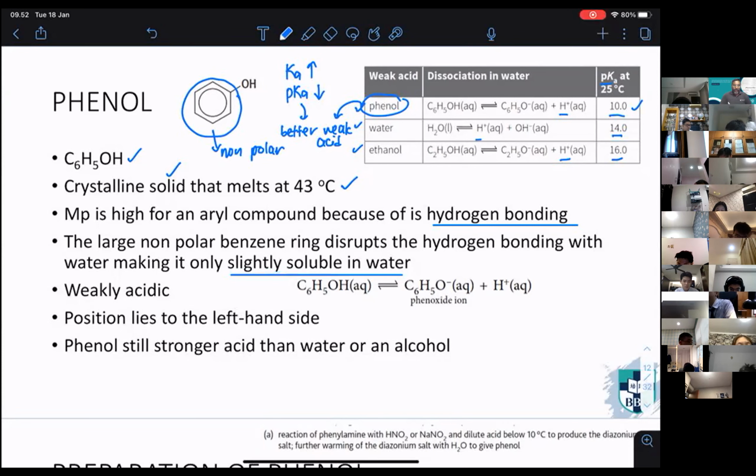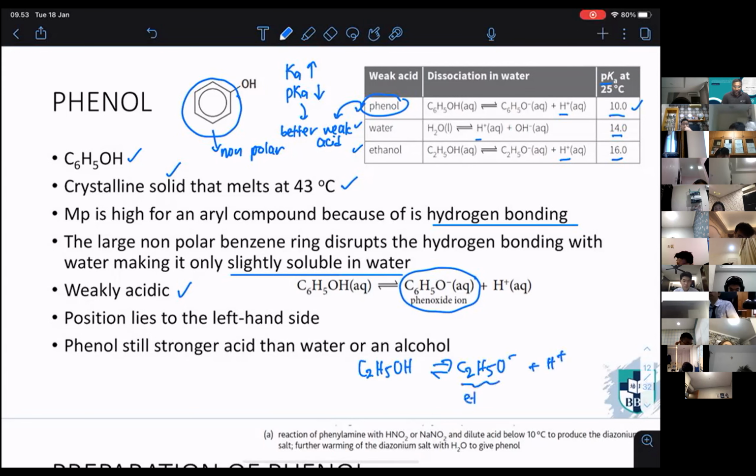Please take note. They are weakly acidic, I already told you. They will give you an ion called the phenoxide ion, similar to ethanol. If you have C2H5OH, it will give you C2H5O minus and H plus. This one we call the ethoxide ion.